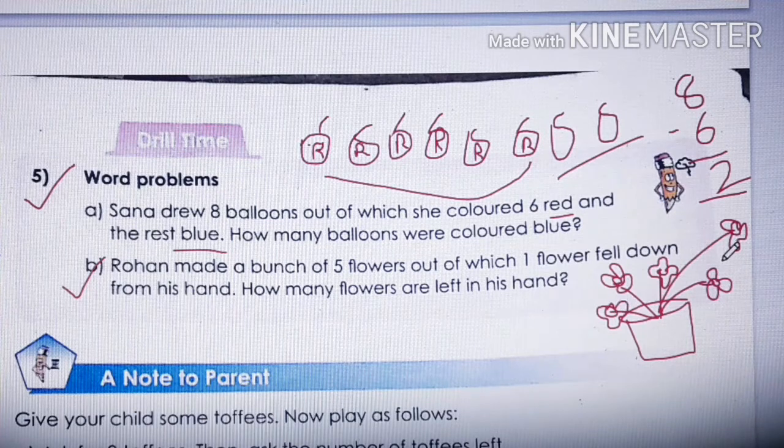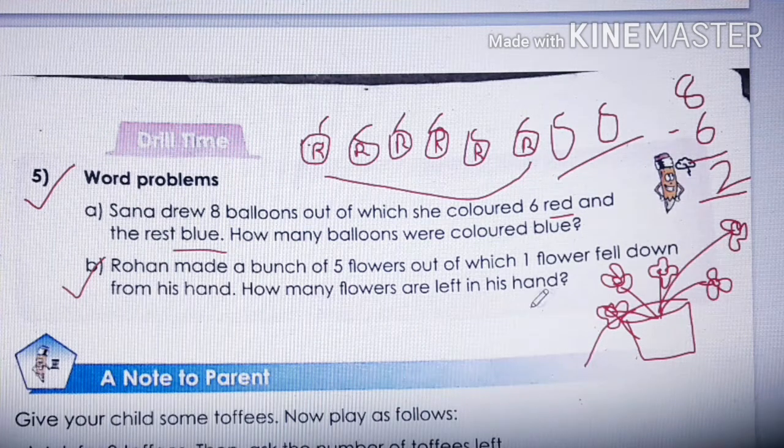So how many flowers he has put in a bunch? 5 flowers. Okay. Out of which one flower fell down. Suppose children, one flower fell down. Okay. So we can remove one flower from the bunch. How many flowers are left in his hand? So how many flowers are left in his hand, children?